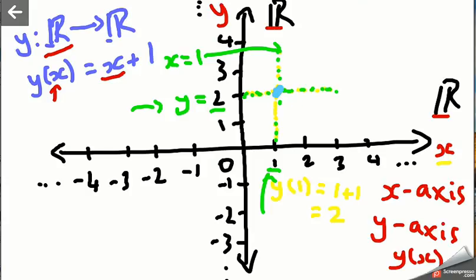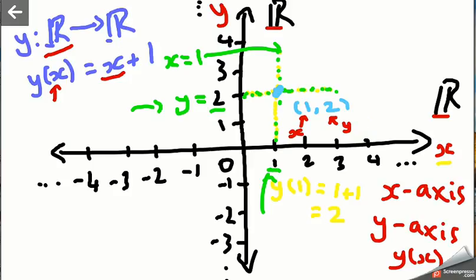This is the point 1, 2. Because the thing that we put into our function is x equals 1. The thing that comes out of our function is y of x, or y equals 2. So that point represents the value 1, 2. It means we put x equals 1 into the function and 2 comes out of the function.